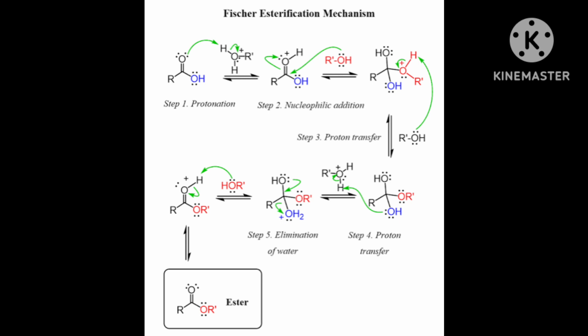3 RCOCl, because in the place of OH, Cl came. Both are negatively charged, correct? Then you will get 3 RCOCl as the main product. Okay, that is called acyl chloride.